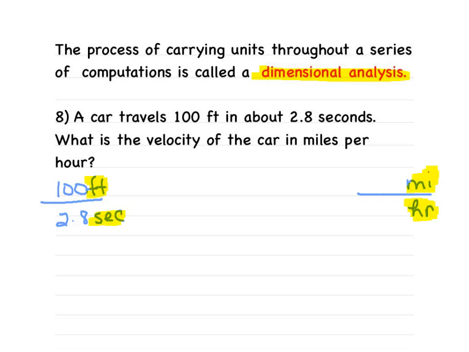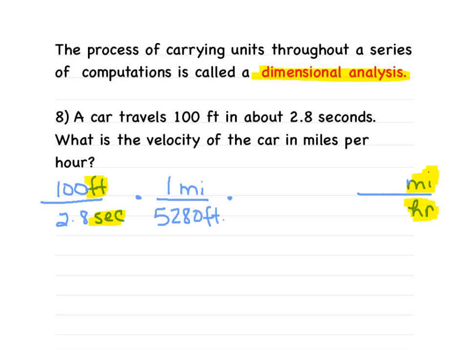We have two conversions that we have to work on. Let's first change feet to miles. So we're going to multiply by this conversion factor. 1 mile is 5,280 feet. That will take care of changing feet to miles.